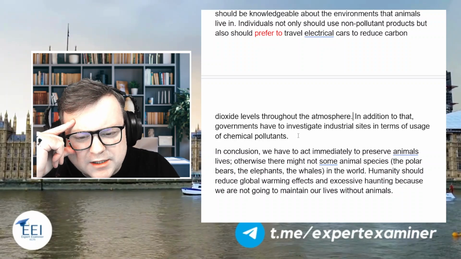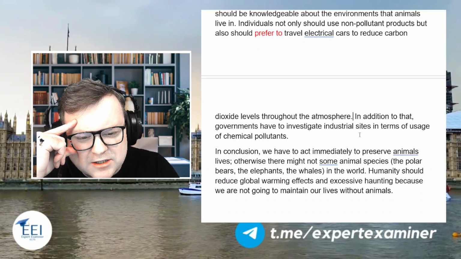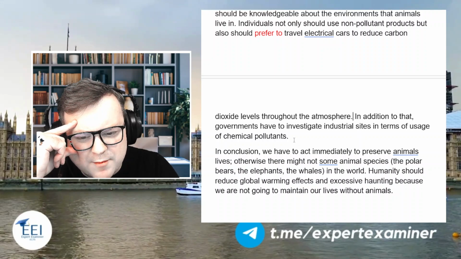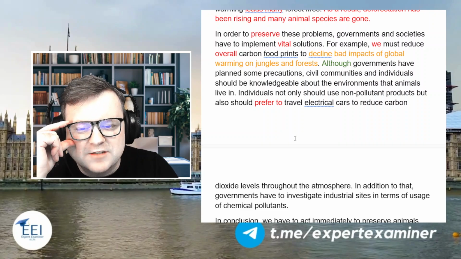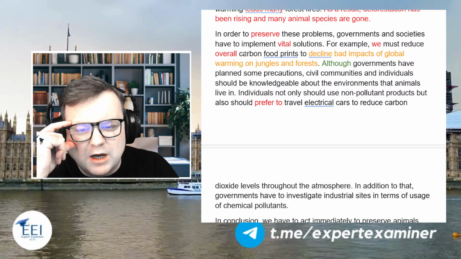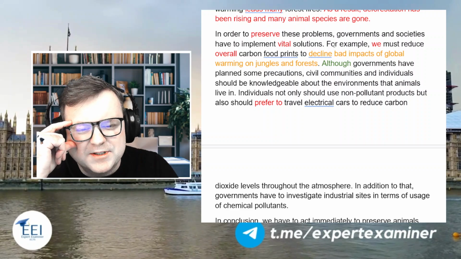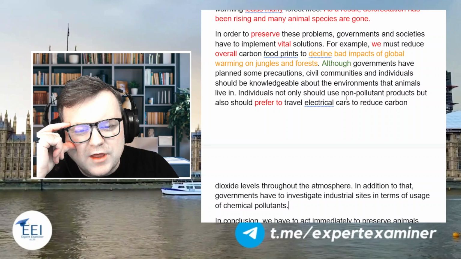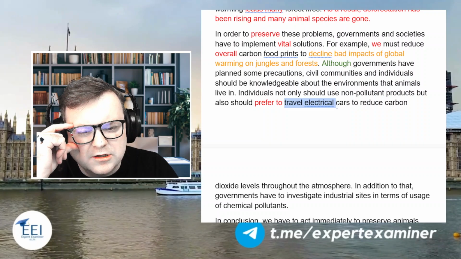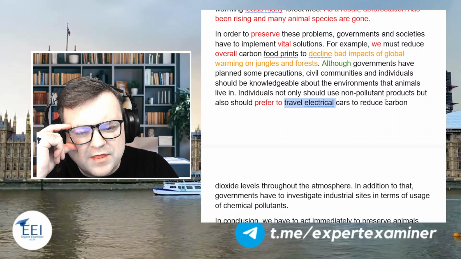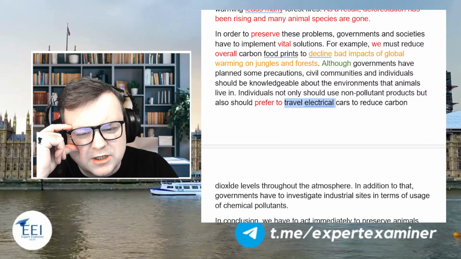In addition to that, governments have to investigate industrial sites in terms of usage of chemical pollutants. Okay, so there are a few suggestions here, right? The candidate says, first, we need to reduce our overall carbon footprint. Candidate doesn't say how. Then the candidate says we have to switch to electric cars, and that would reduce our carbon dioxide levels.